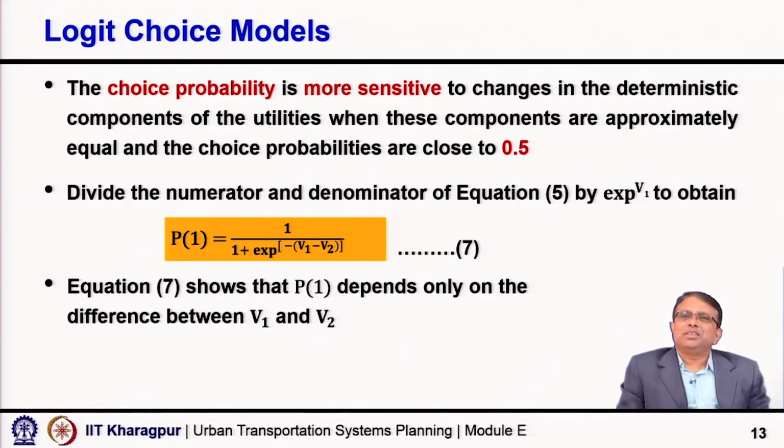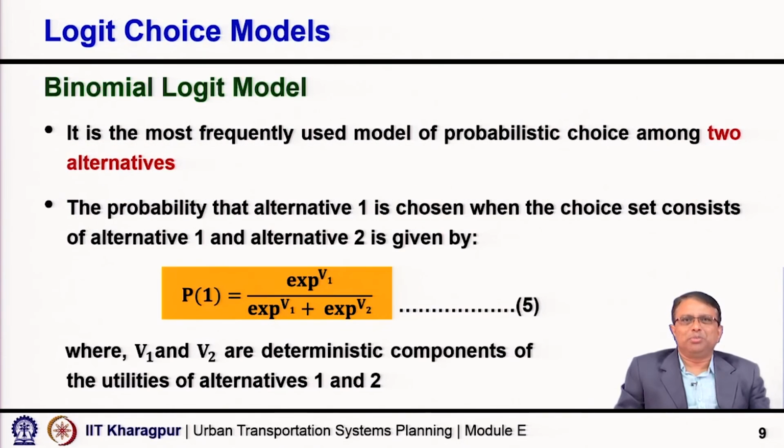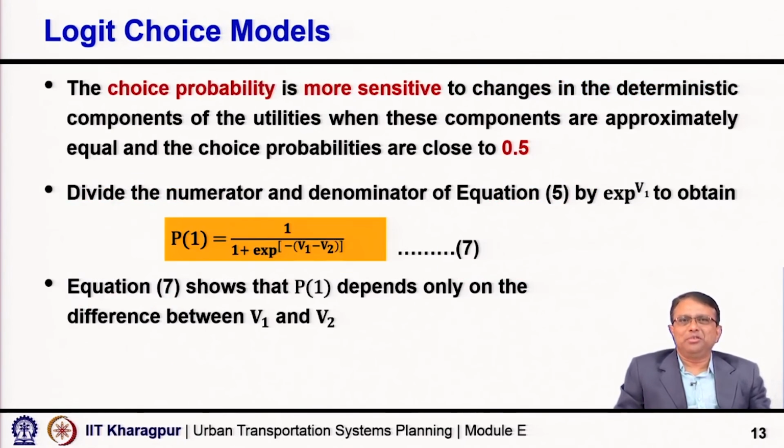Now, one more interesting thing: just take this basic equation, e to the power v1 divided by e to the power v1 plus e to the power v2. If I divide both the numerator and the denominator by e to the power v1, I get 1 by 1 plus e to the power minus (v1 minus v2).